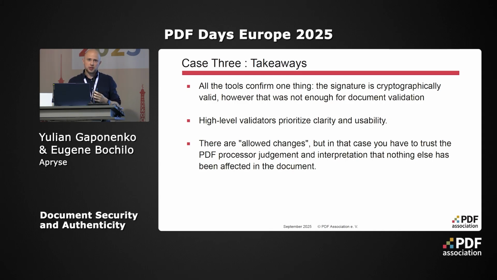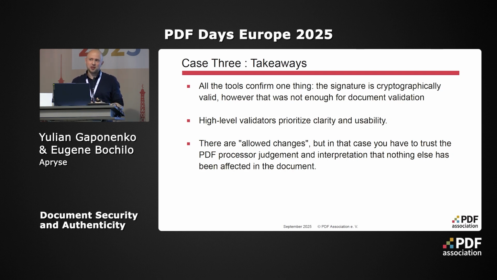We can also notice that when it comes to this implementation of validation of the document as a whole, those allowed changes are not necessarily emphasized much. So you can even see, like in the beginning, that the document was not modified, even though technically it was.